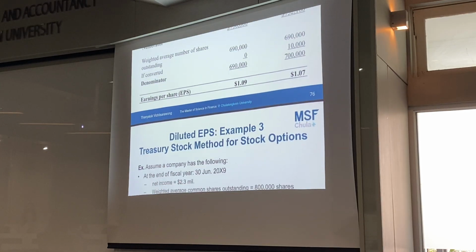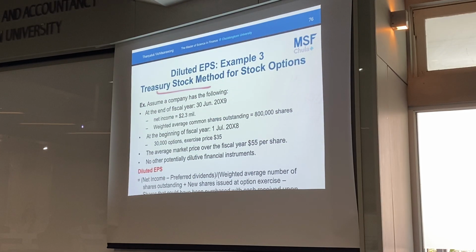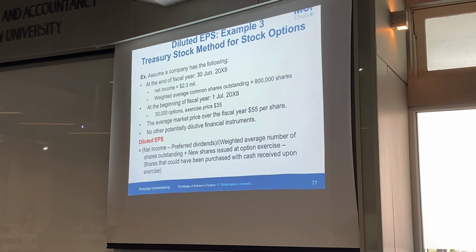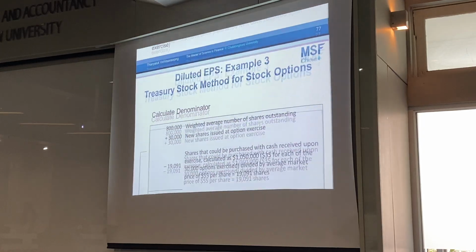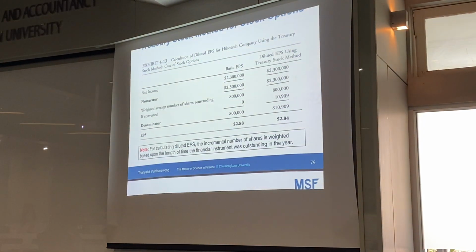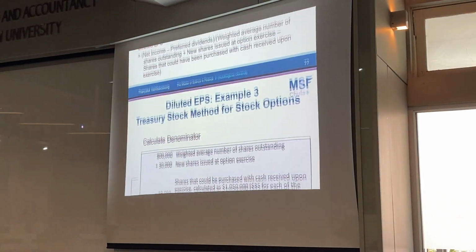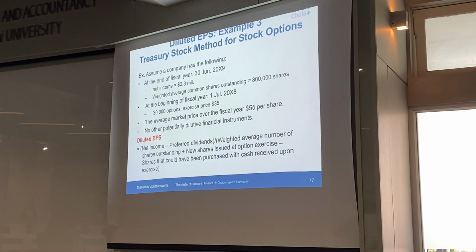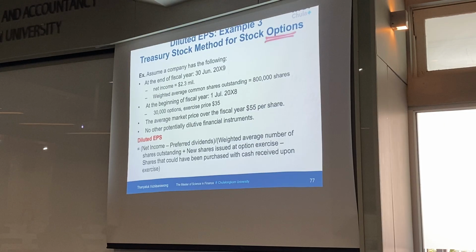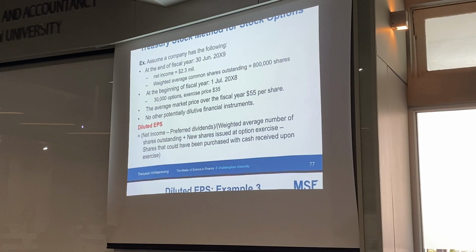Okay. The last one is the treasury stock method. This is for the stock options. We have net income and the weighted shares outstanding. The basic EPS would be very simple, right? This one divided by the weighted shares outstanding. For the diluted EPS, we have to assume that the option is exercised.